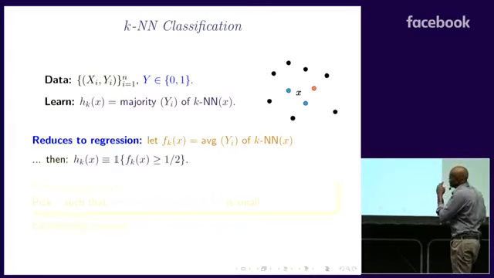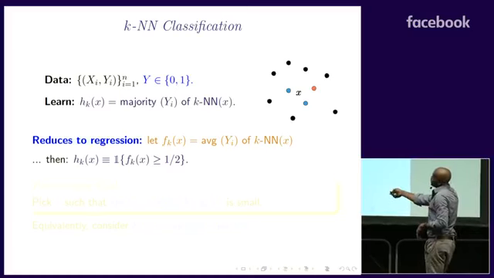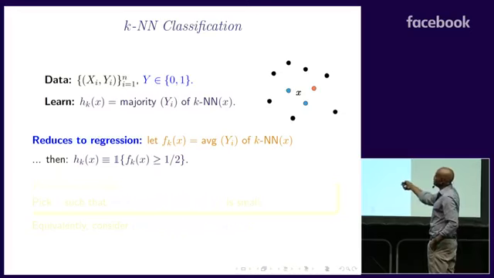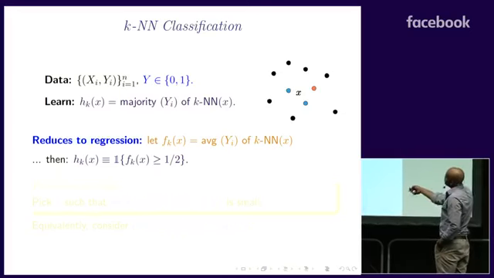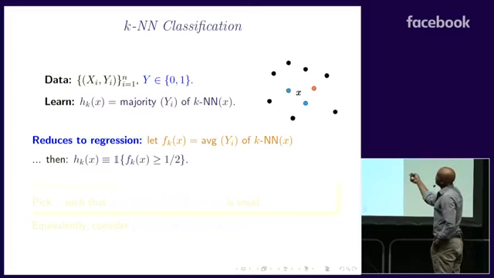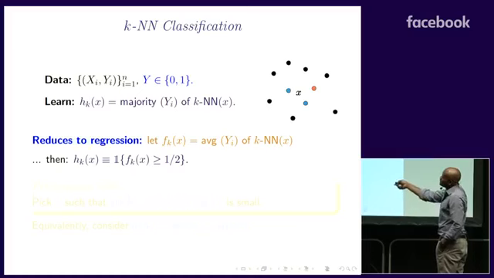To see this, consider again the regressor that I discussed earlier, f_k(x), the average y over the k nearest neighbors of x. Here, if I say this is 1, 1, and 0, if I compute the average y it is just 2/3 here. And 2/3 is greater than 1/2. You can see quickly that the majority is really equivalent to just taking the average and asking whether the average is greater than 1/2.